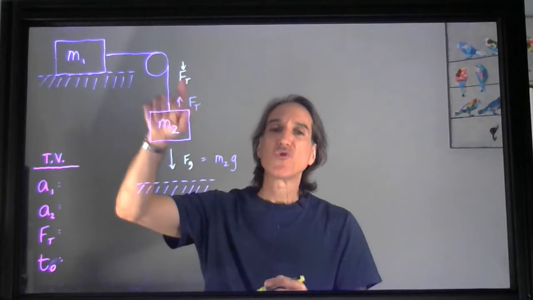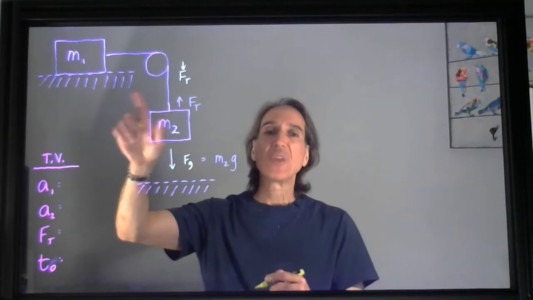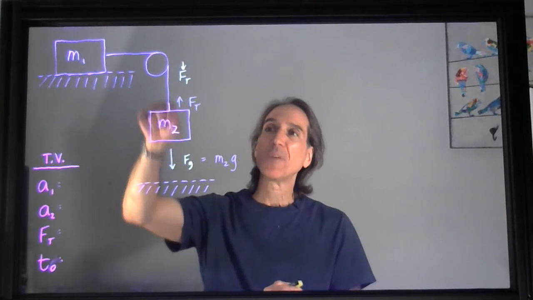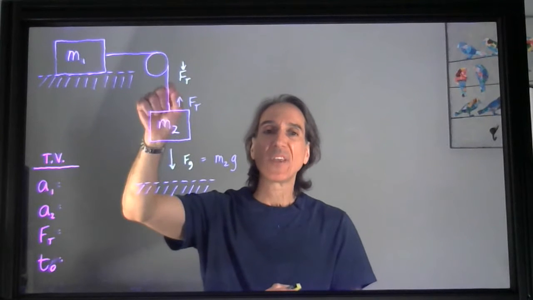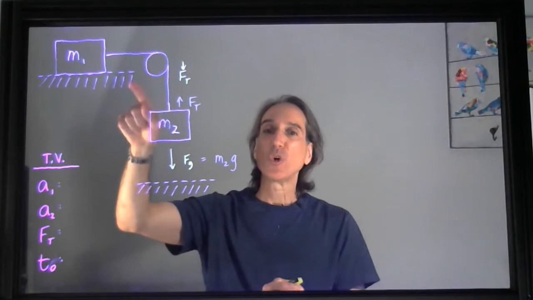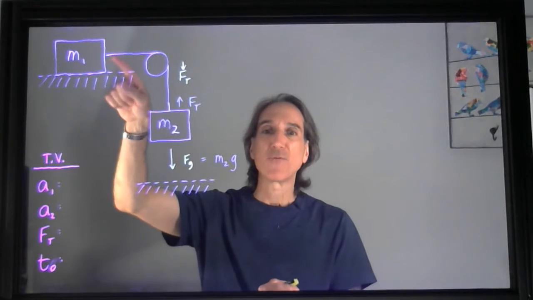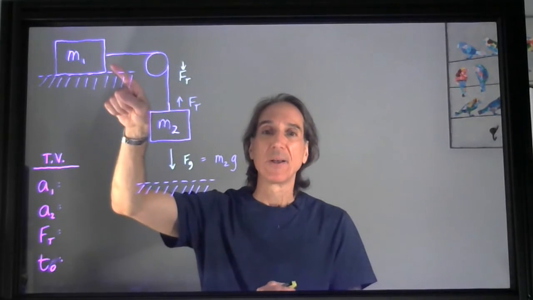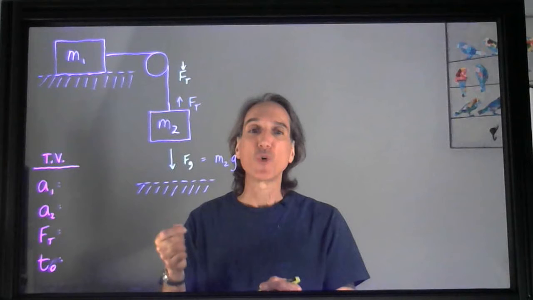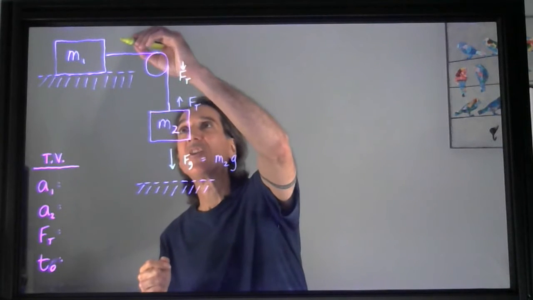The cable cannot stretch and is massless, so the entire contact force exerted by M2 on the cable is exerted on M1 by the cable. All this is doing is transferring that force up to this point here. F sub t is exerted on M1 in this direction.